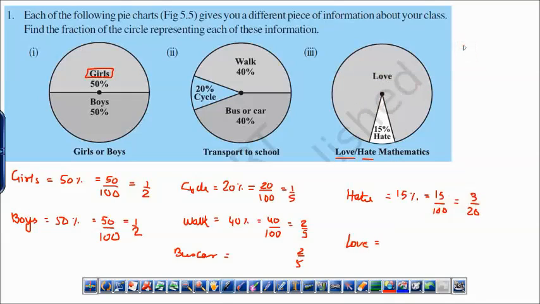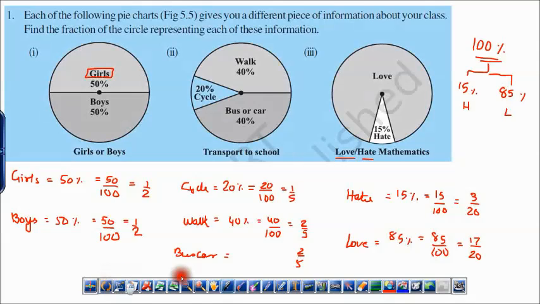But remember, we have already done this in a different chapter. 100% is the full thing, जिसमें से 15% hates. So automatically you can find out how many percent loves by subtracting 100 minus 15, 85%. Therefore 85% loves maths. 85/100, 17/20 is the final answer.